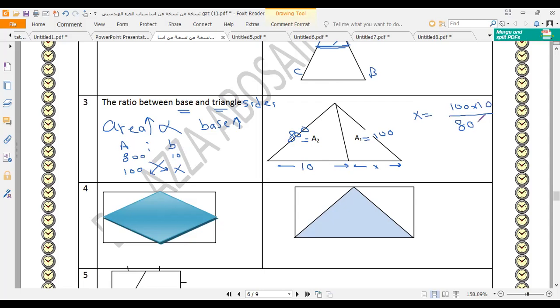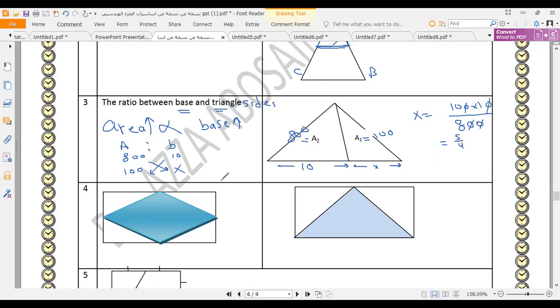Do you understand يا شباب? So you can simplify the zeros together and you get 10 over 8, and if you simplify it over 2, you will get 5 over 4.